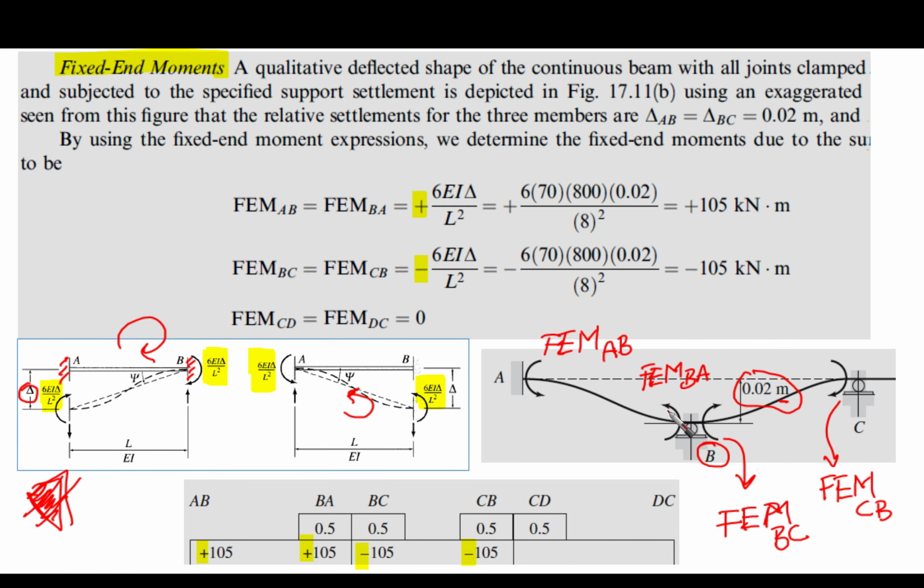This means that this moment, which is fixed in moment BA, is going to have this value and this sense, 6EI delta over L squared. Delta in our case is 0.02.